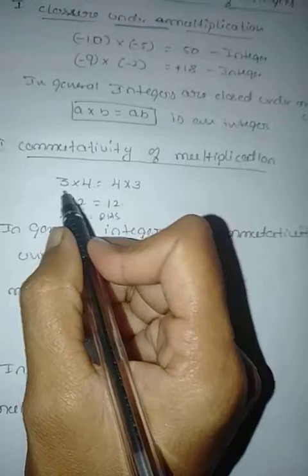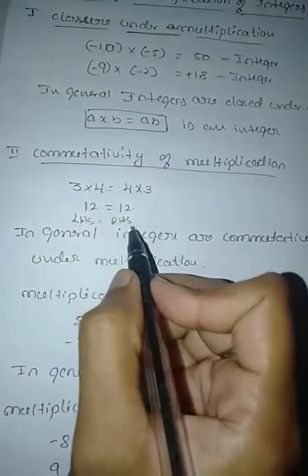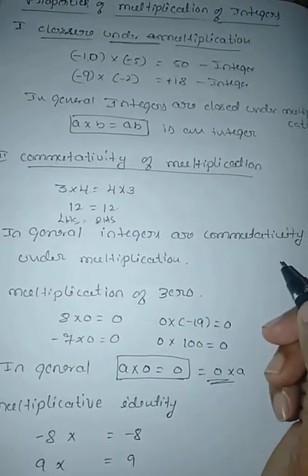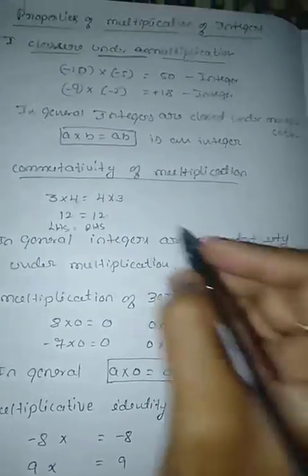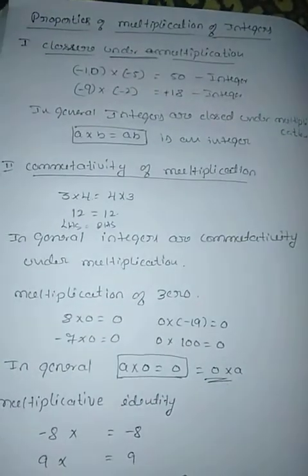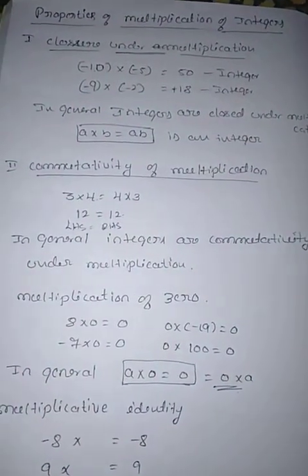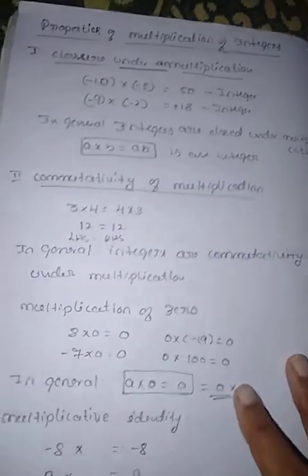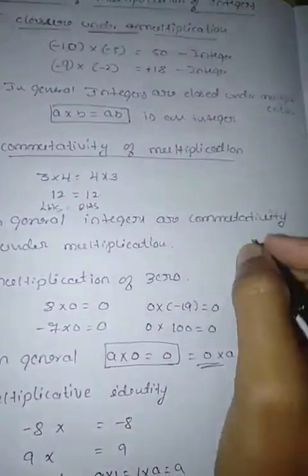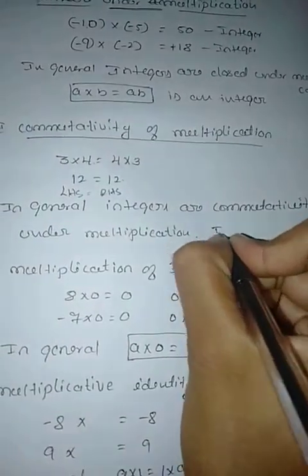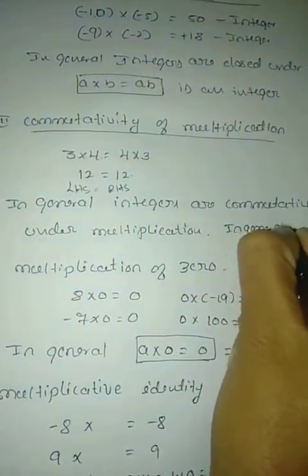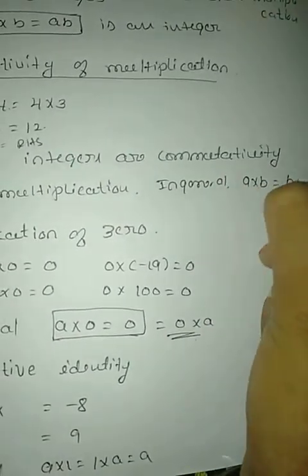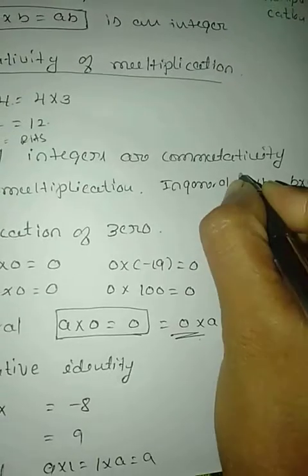So in general we can say that integers are commutative under multiplication, because the product is also an integer and LHS is equal to RHS. In general we can write it as a into b is equal to b into a. This is commutative property.